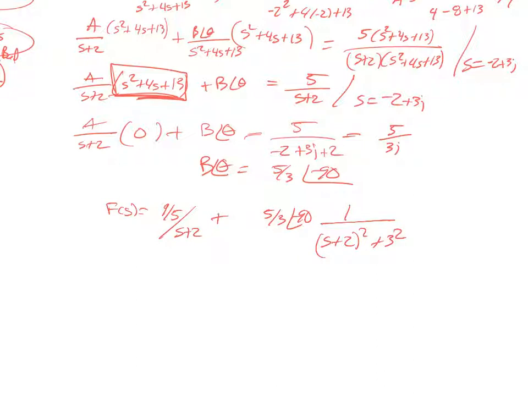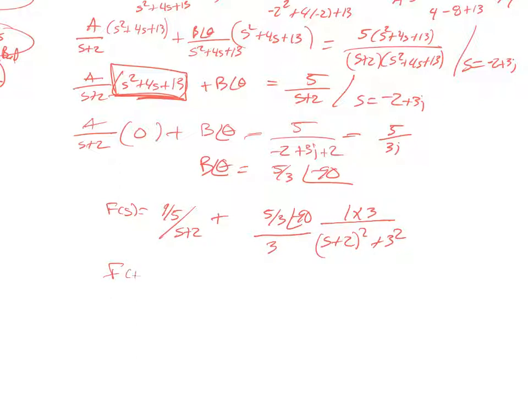That's my F of s. It's almost perfect, right? I just need to have a 3 up here, to be omega squared over whatever that term is. So that means I need to divide by omega here, don't I?